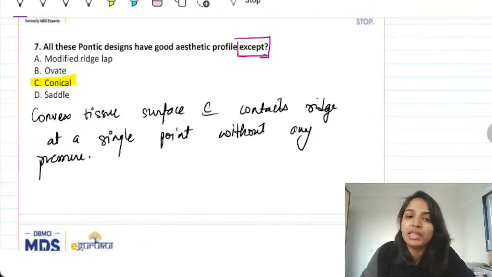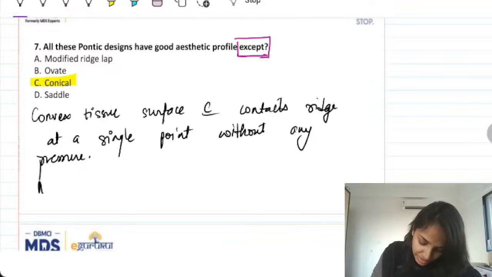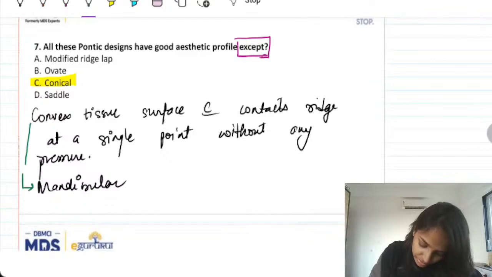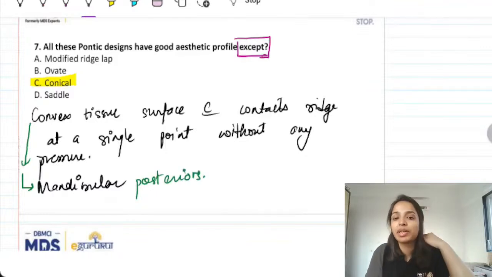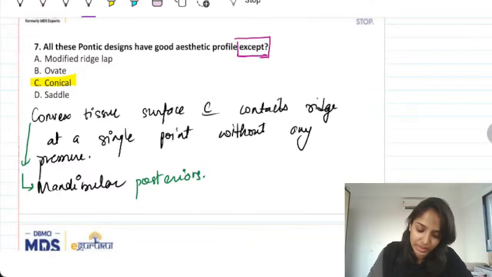This pontic is very easy to clean and maintain and is indicated in mandibular posteriors, right? So because of its appearance, it has poor aesthetics.